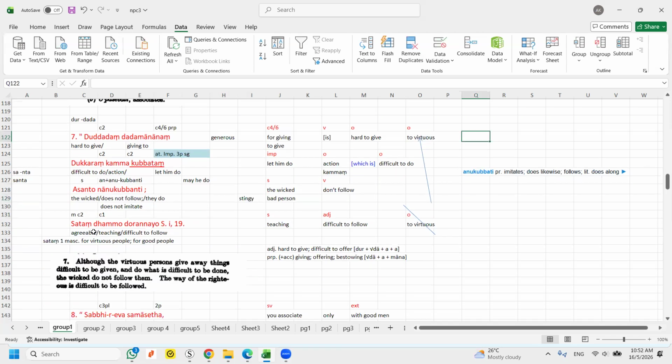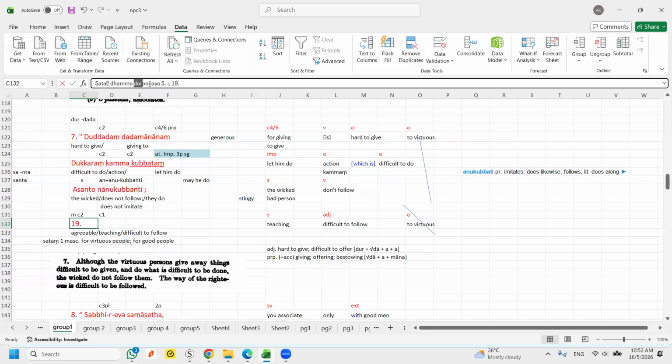Now, the next line, can you see santang? Santang can mean peace, can be agreeable. So this is the subject, that means teaching. This is interesting because it's supposed to be DUR, it becomes this, so there is something difficult to explain, but you have to look into your dictionary.